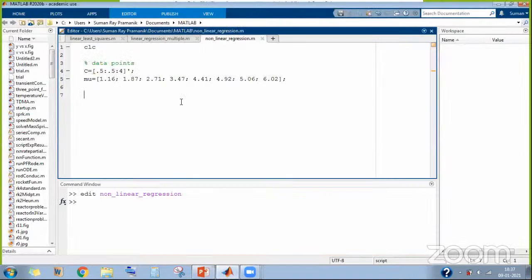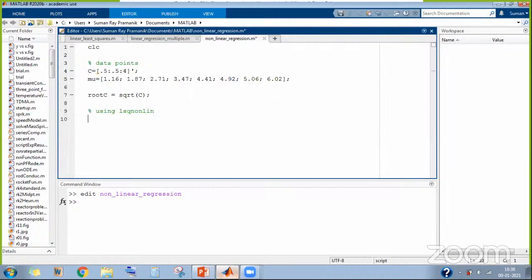Let's find the square root of C. Now once again, let's do the square root of C. This will give us the root of C. Now let us use lsqnonlin.